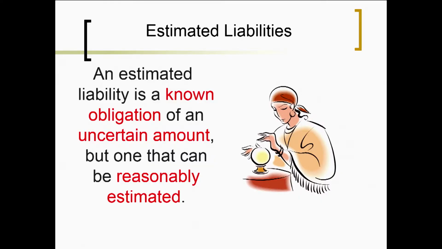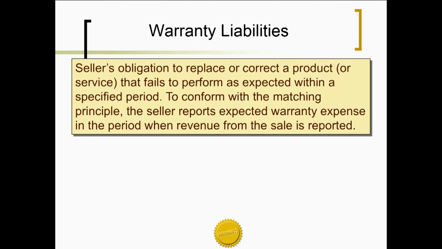And again, this is in the realm of looking at your slides. This is an estimated liability. It's a known obligation, but it's of an uncertain amount, so we estimate it. Okay, let's talk about liabilities, warranty liabilities specifically.